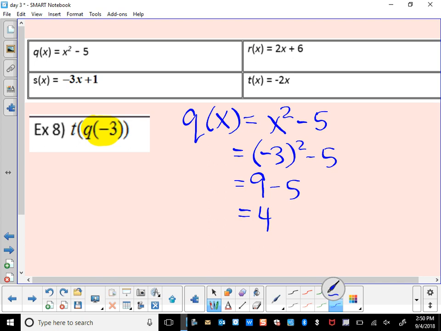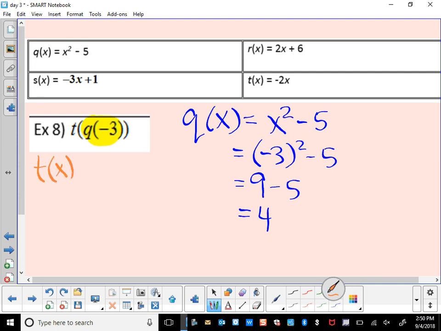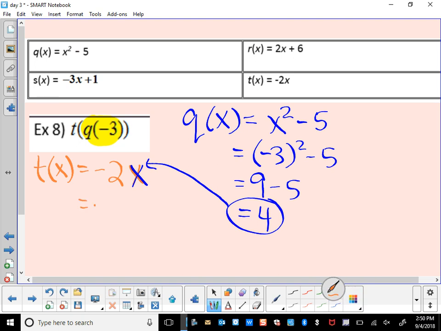So that's my q of -3 function. My t function is -2x, but instead of x, I'm plugging in 4. And so you should get -2 times 4, which is -8.